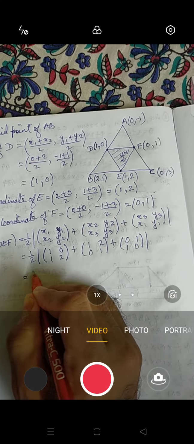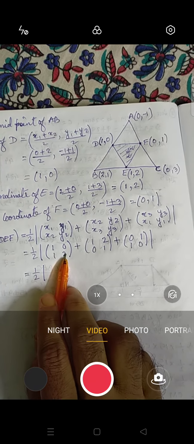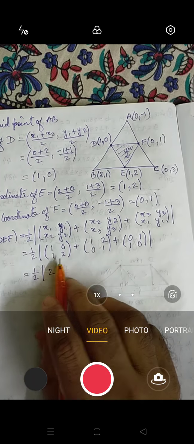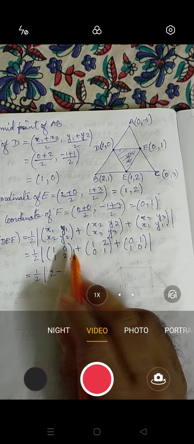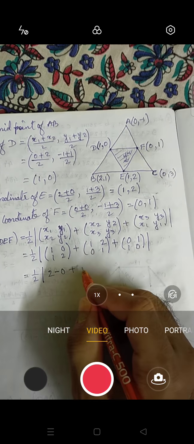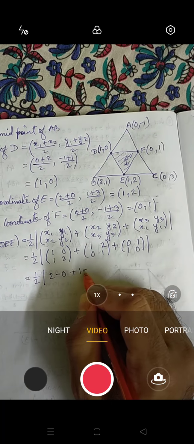Now we will solve this one. 1 by 2 in modulus, this into this will become 2. So I am writing 2, and this into this, in between there will be minus. So 1 into 0 is 0, so minus 0 plus 1 into 1 is 1. 0 into 2 is 0, but there will be minus in between.